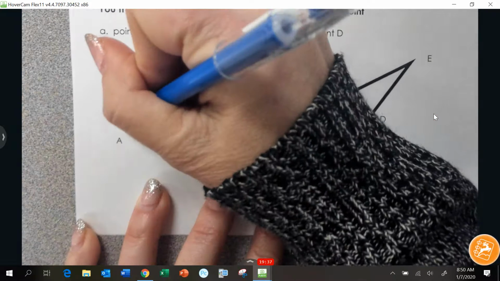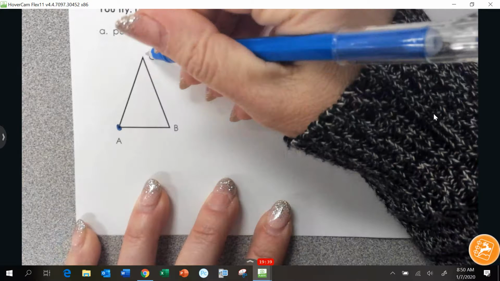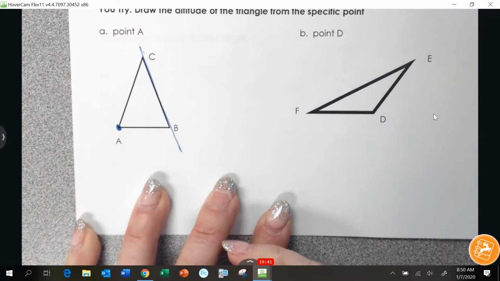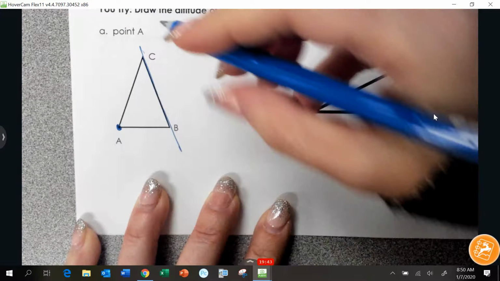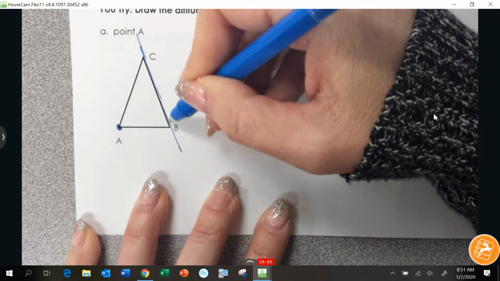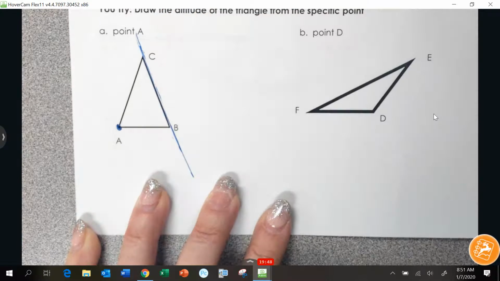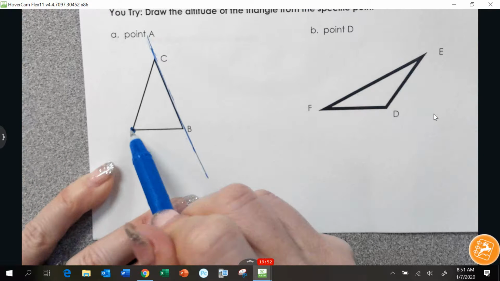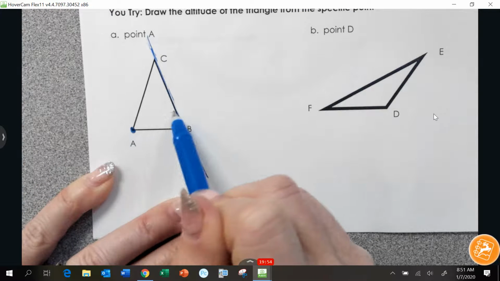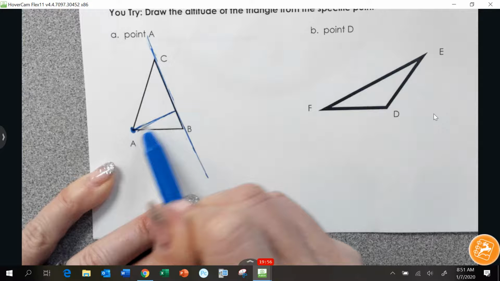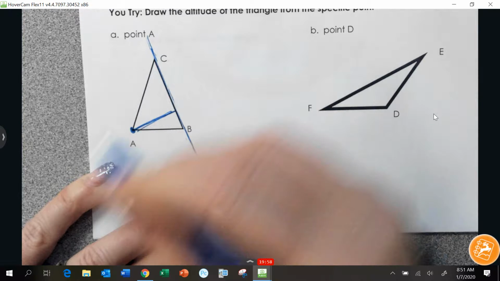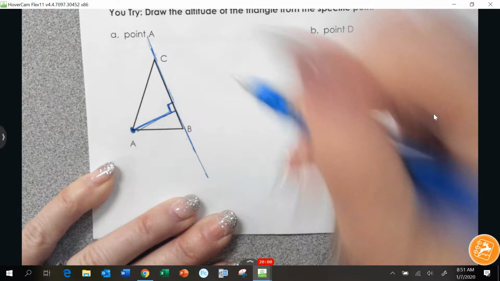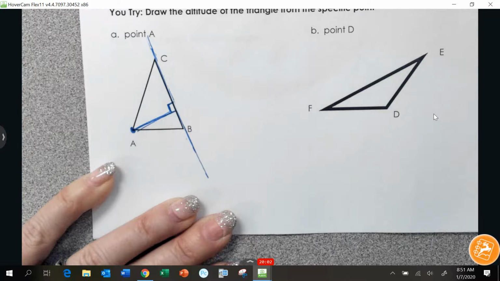Point A has to connect to the side CB, and it has to make 90 degrees. So if it is outside of the triangle, it's still going to be on the line CB. So I have to imagine point A making 90 degrees with CB.